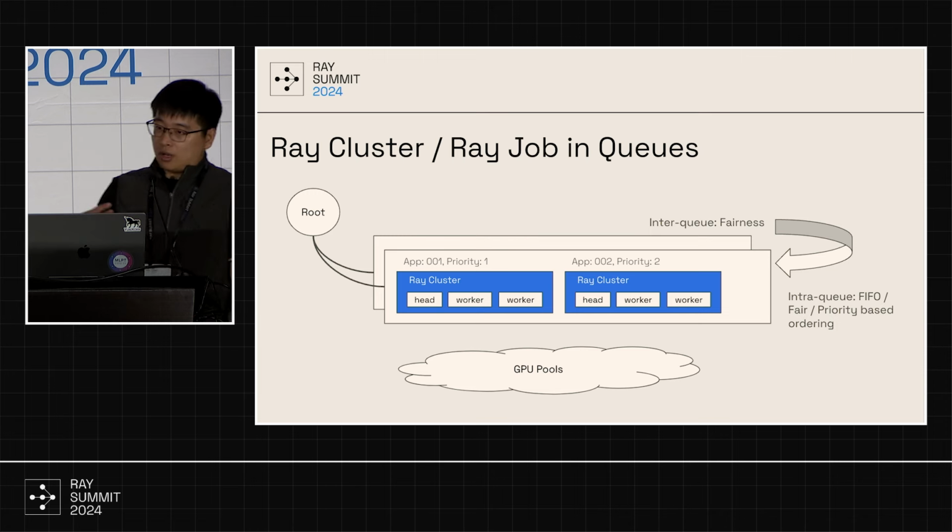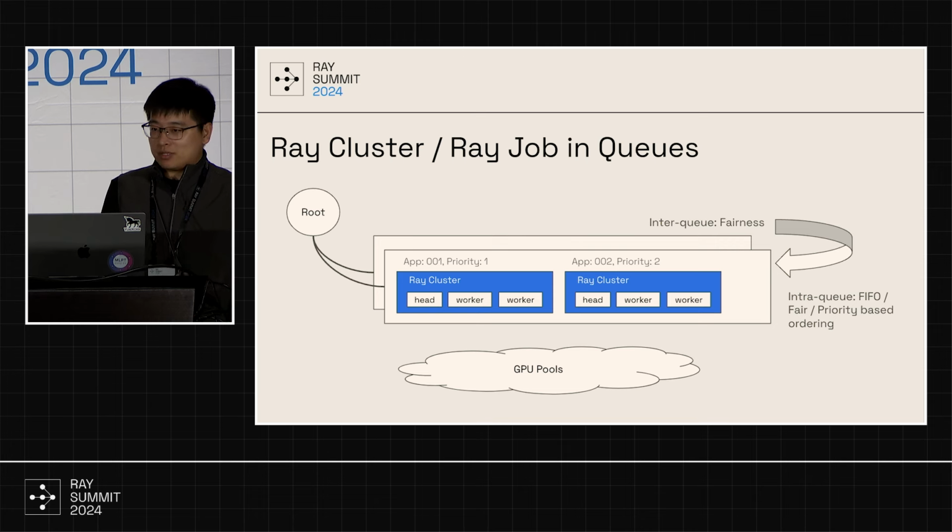And also across these queues, we're doing resource fairness. That is extremely important because we have a lot of cases where people are competing for GPUs. We don't want to make anyone unhappy, but we just want to maintain a fairness policy there to make sure each of the teams can still get some GPU to use, even in the peak hours of our system. And underneath, it's a large shared GPU pool.